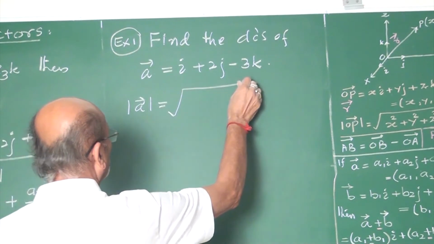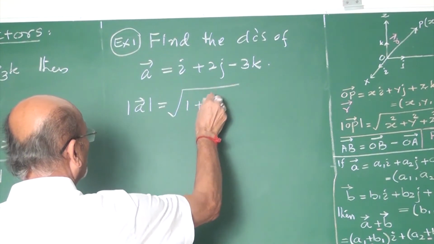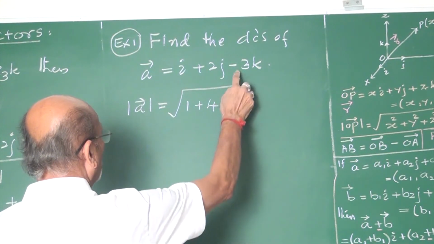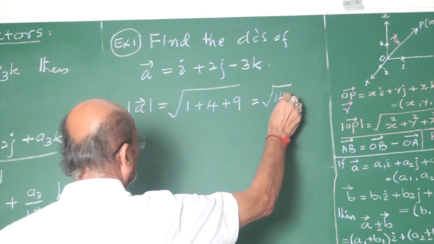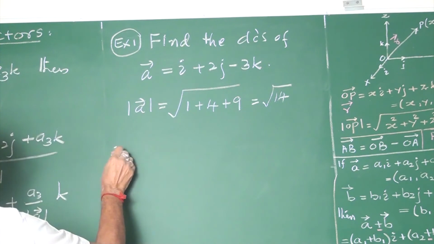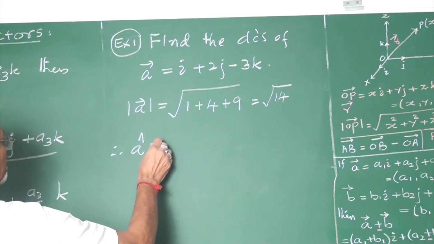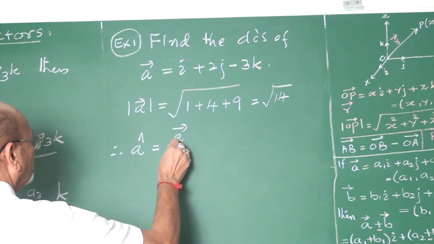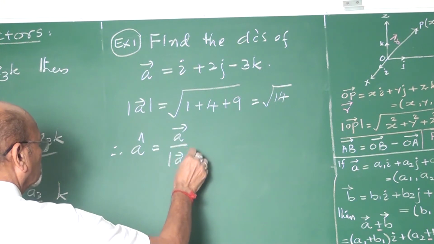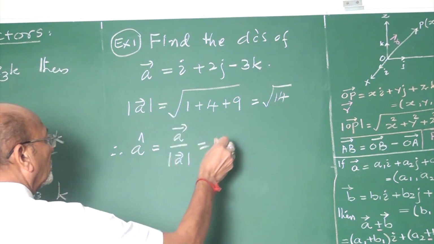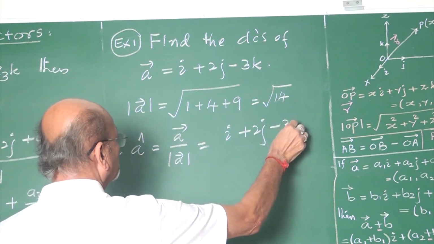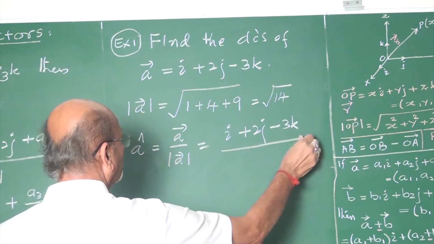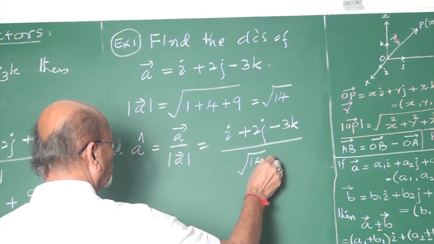Magnitude of A is 1 square plus 2 square plus minus 3 the whole square, which is root 14. Therefore, A cap. What is A cap? Vector A upon its magnitude. What is vector A? i plus 2j minus 3k. Denominator is root 14, the magnitude.